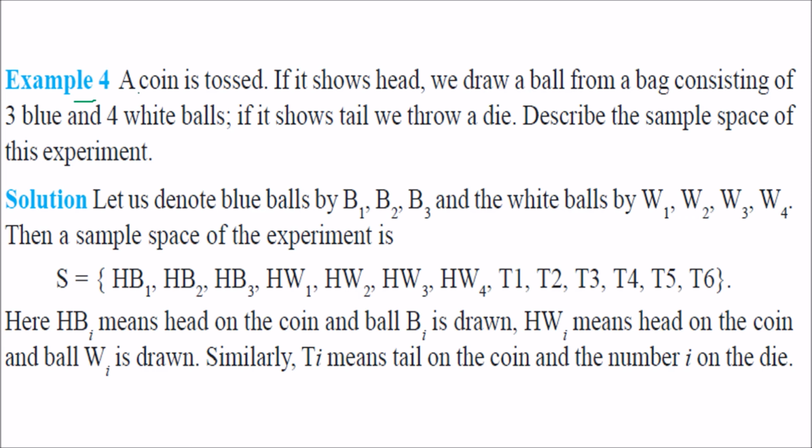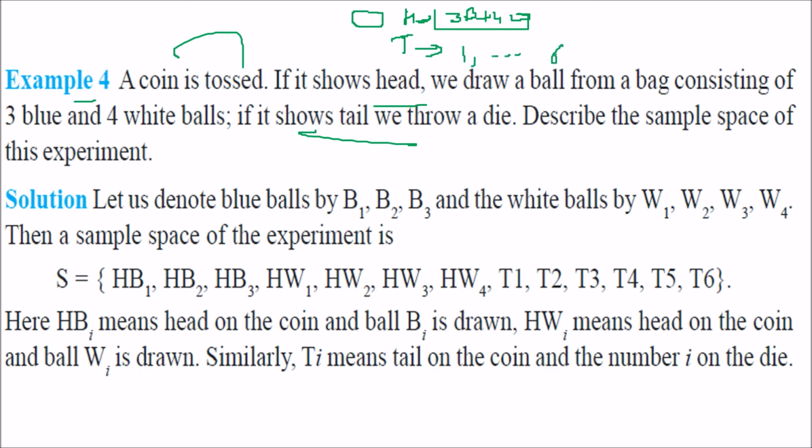Next question is, a coin is tossed. If it shows head, we draw a ball from a bag consisting of 3 blue and 4 white balls. If it shows tail, we roll a die. So you can have a combination of 1 to 6.